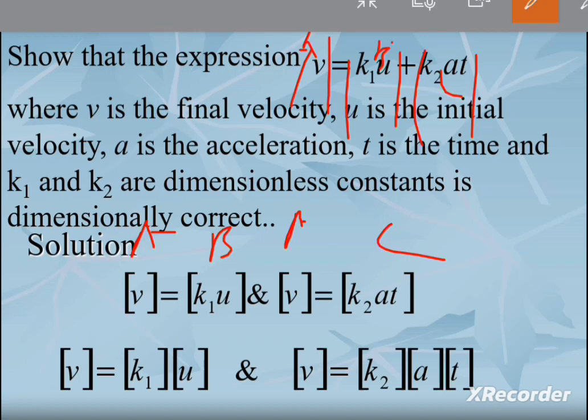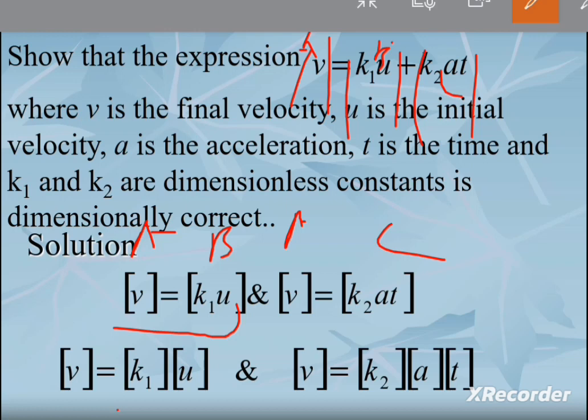So then we compare. V is speed. You need to know how to derive dimensions. I hope I taught you how to derive the dimensions of speed, and also how to write acceleration in standard units.